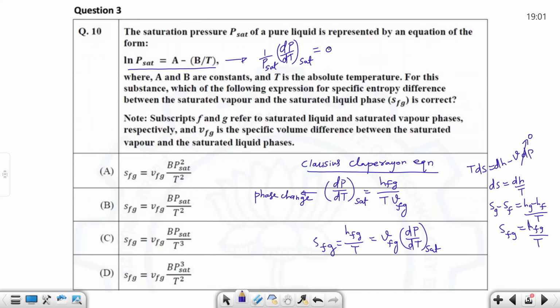So 0 minus B into 1 by T. So this will be minus 1 by T squared, if you differentiate with respect to T. So from here you can understand that dP by dT at saturated is equal to minus minus plus B by T squared, P saturated by T squared. So that you can substitute here.